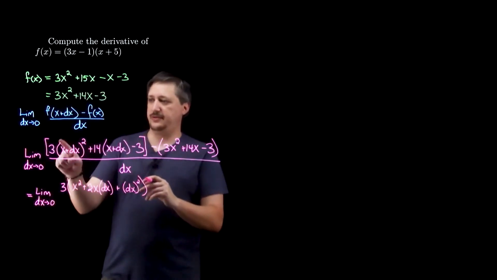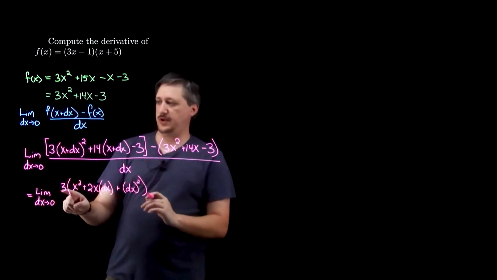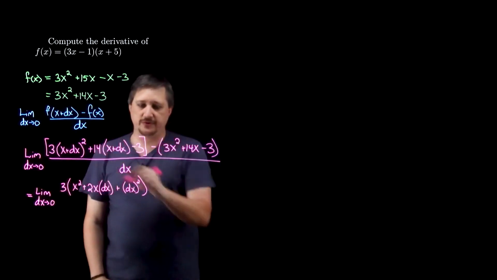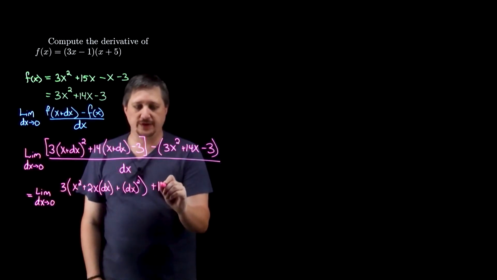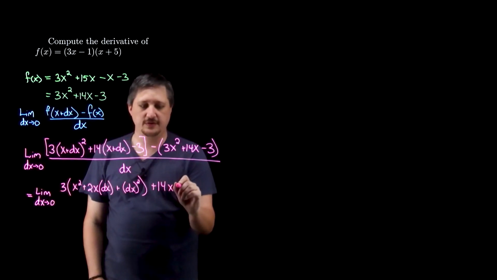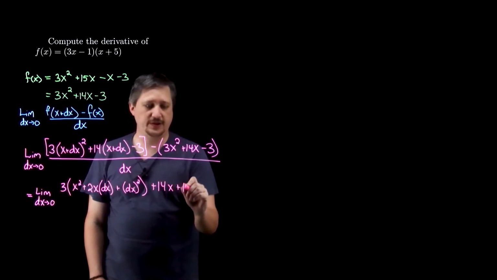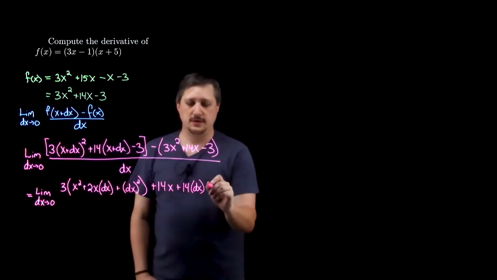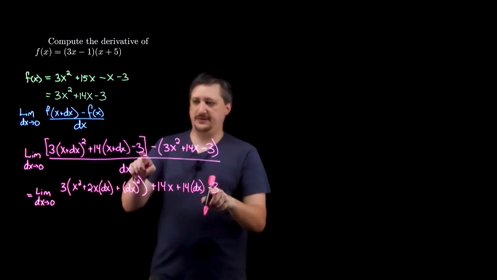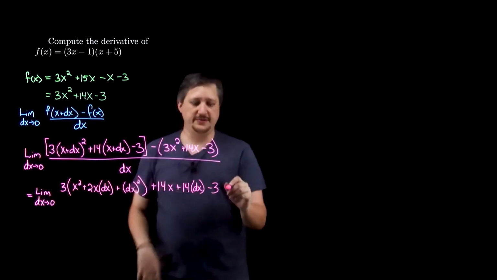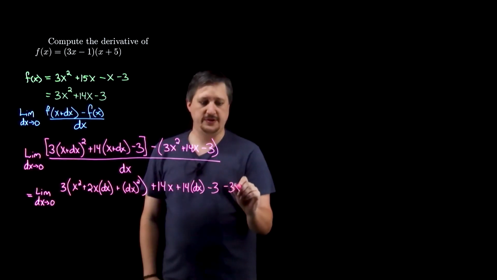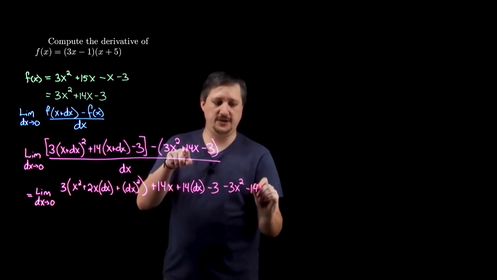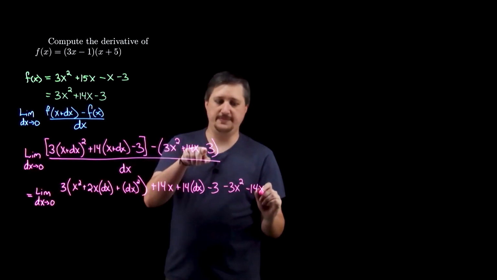That's this piece written out. I haven't done anything with the 3 yet. Plus, I distribute the 14: plus 14x plus 14 dx, minus 3. That's there. Then minus 3x squared minus 14x minus minus 3.